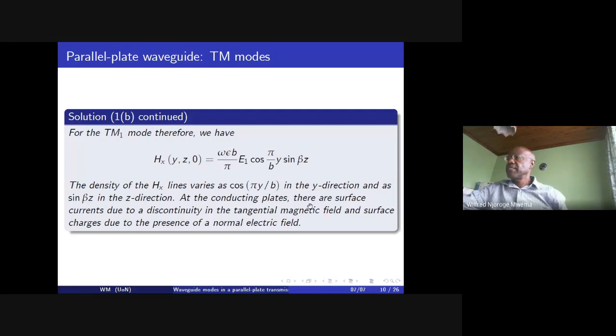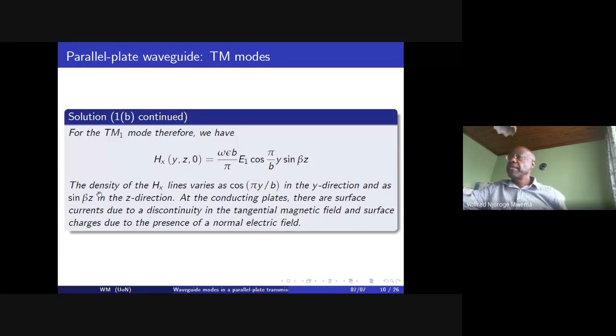At the conducting plates, there are surface currents due to a discontinuity in the tangential magnetic field and surface charges due to the presence of a normal electric field. Remember, the tangential component of the magnetic field intensity will be discontinuous at a perfectly conducting surface, and it will be equal to a surface current density.